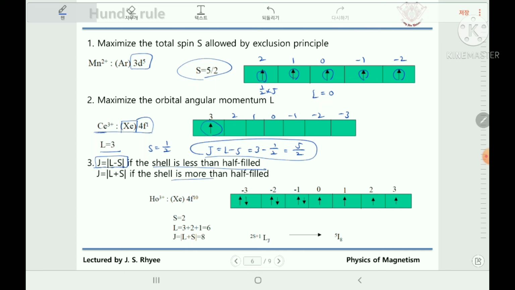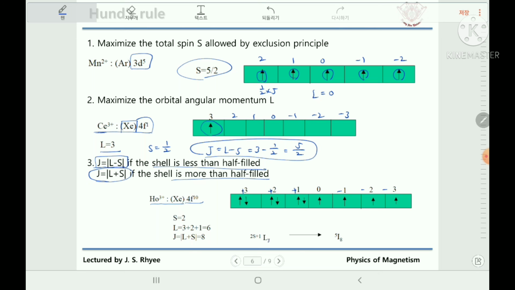If the shell is more than half filled, then J equals L plus S. For example, holmium 3+ is xenon plus 10 electrons in the f orbitals. Here it is a little bit different, it is plus.